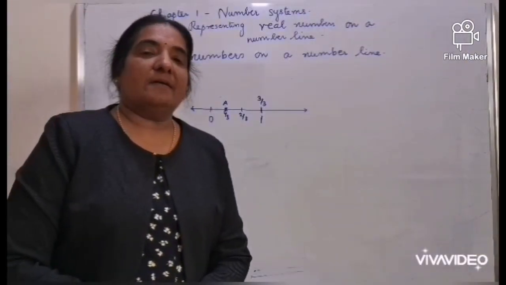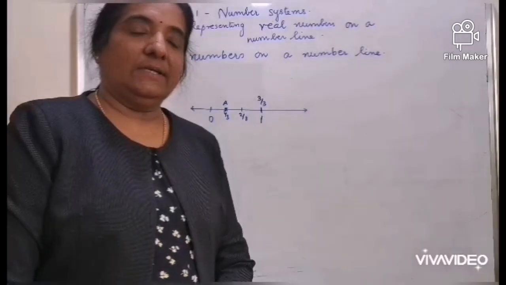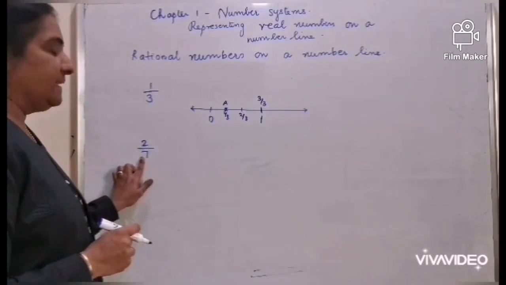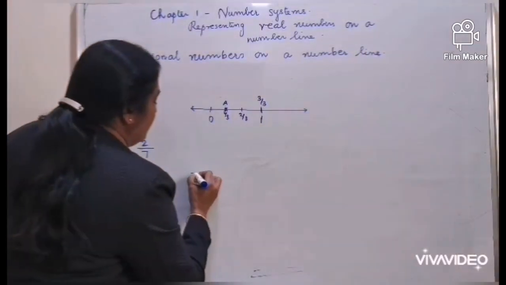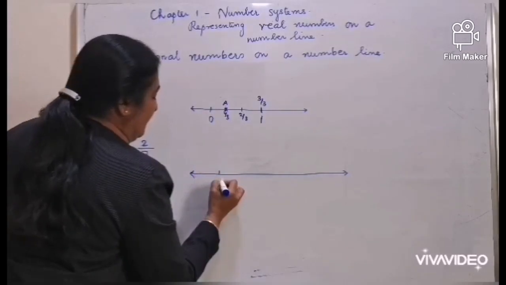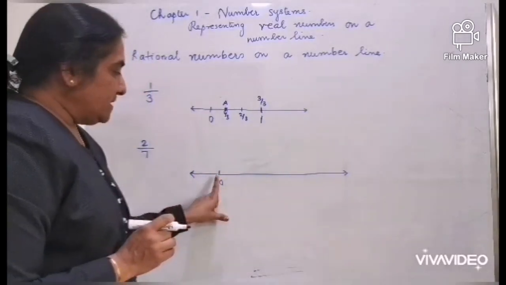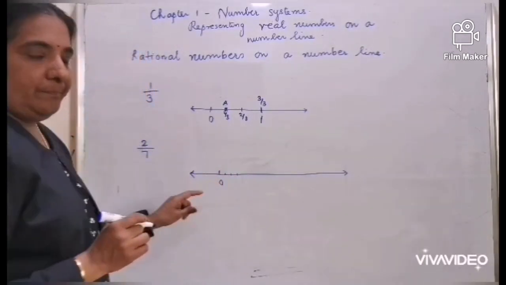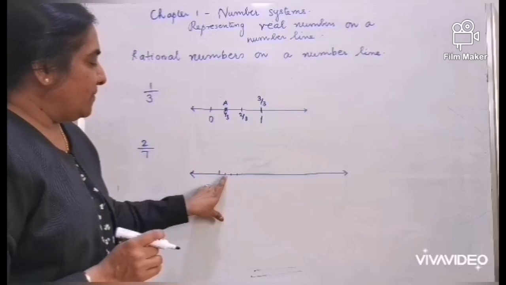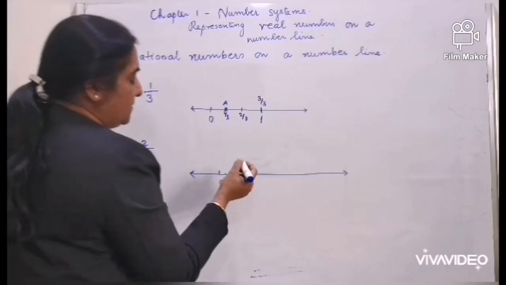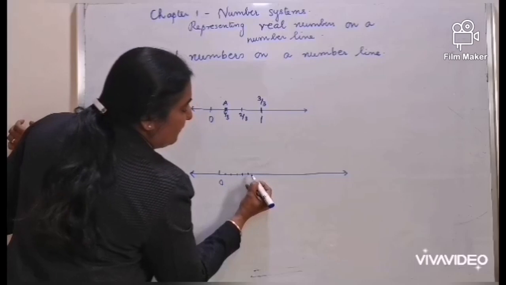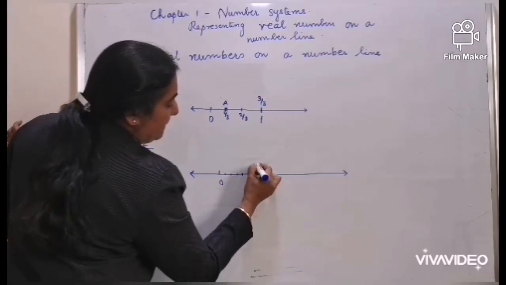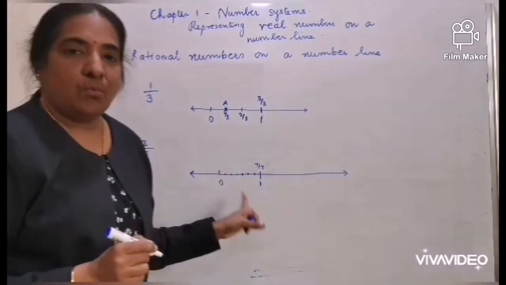Second example, represent 2 by 7 on a number line. By considering the denominator, after drawing the number line, take equal millimeters on your scale and start calling them 1 by 7, 2 by 7, 3 by 7, 4 by 7, 5 by 7, 6 by 7, 7 by 7, which can be taken as 1.